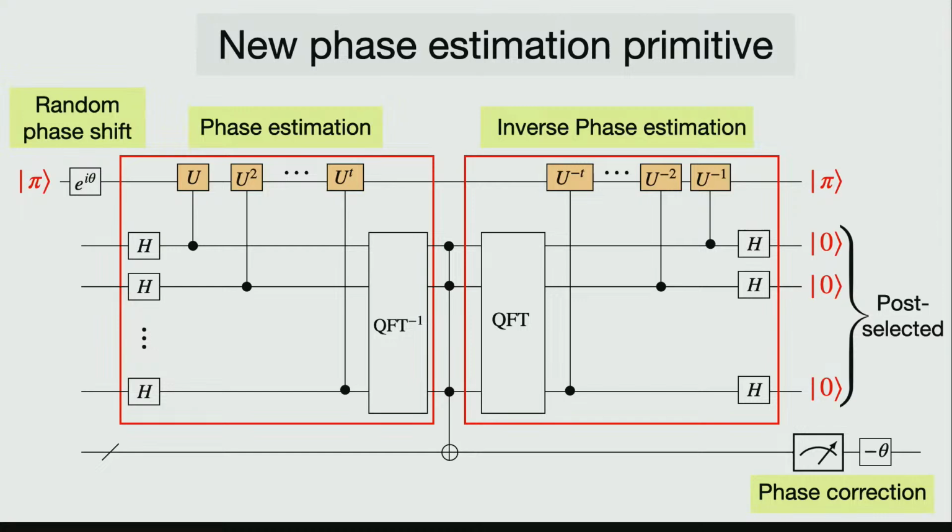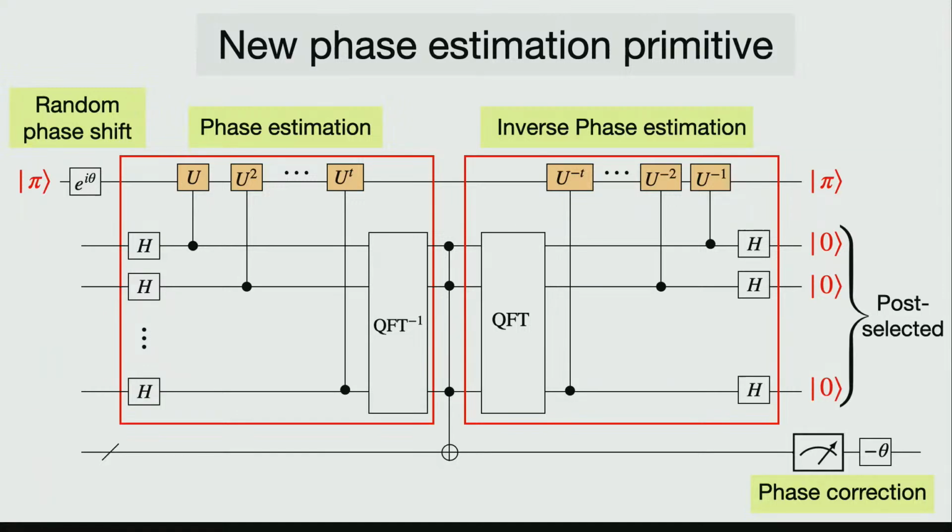If you post-select on observing the all-zero vector in the register of the phase estimation, then conditioned on that, you will exactly restore the right value of the quantum Gibbs state. So with this post-selection, there are two important things. The first one, it has to succeed with high probability. This is something that you can show.